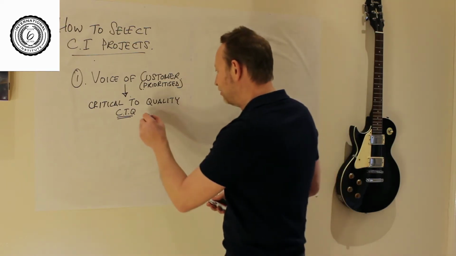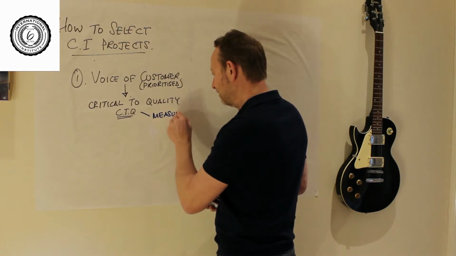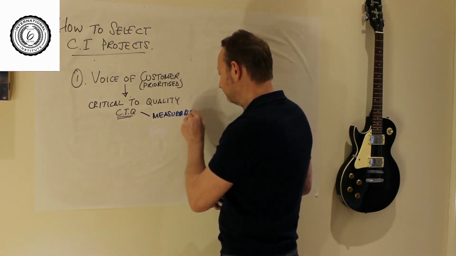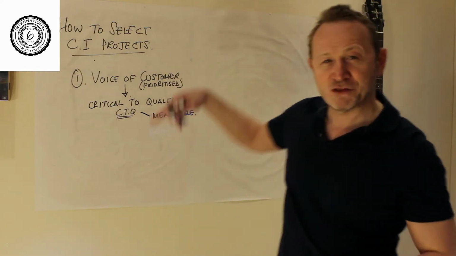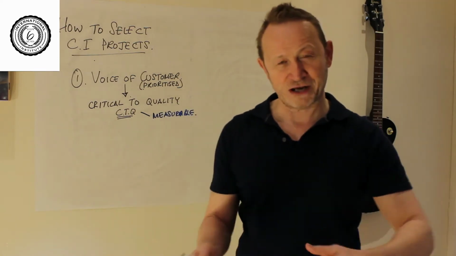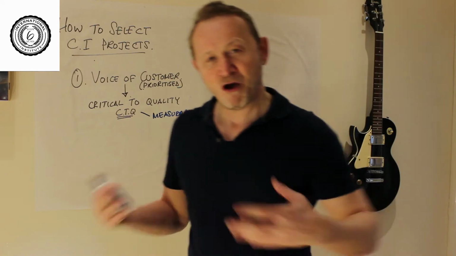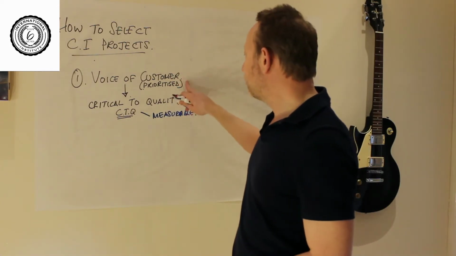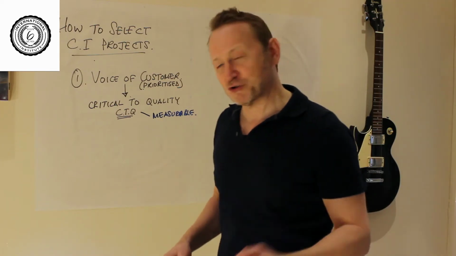Typically, CTQs are measurable. So as an example, the voice of the customer is normally very non-technical. It'll just say things like, I want the product to last a long time. I want the product to be reliable, that type of thing. What you're then going to do is to turn those phrases into measurable things.